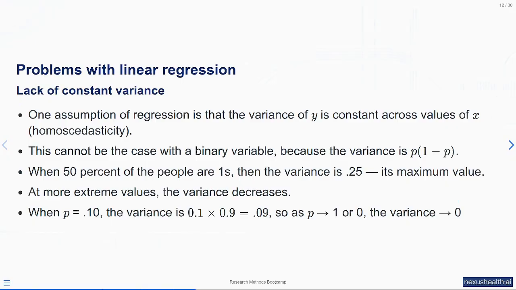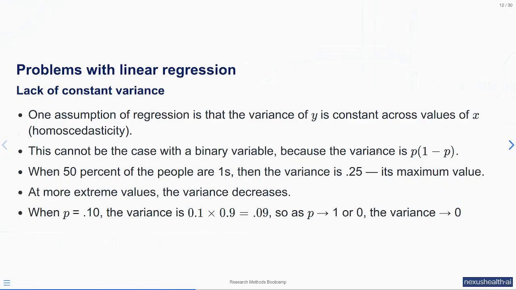It's not the case with a binary variable, because the variance for a binary variable is given to us as p times 1 minus p. So in other words, the variance will change depending on the value of p, right? Depending on the value of p. So look at it. When 50% of the people are 1s, then the variance is going to be 0.25, because this is 0.5 times 0.5, and that's the maximum value of the variance. So at more extreme values, the variance decreases.